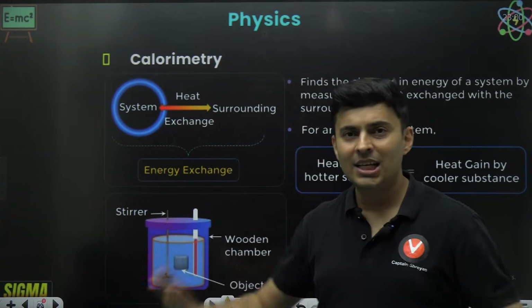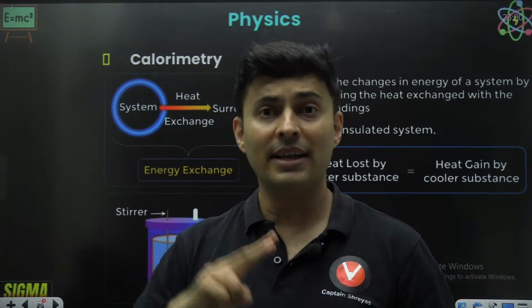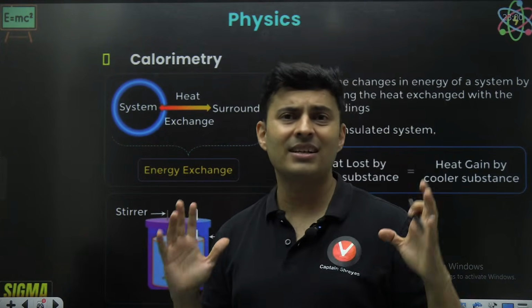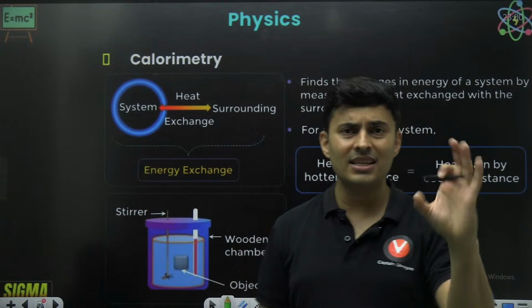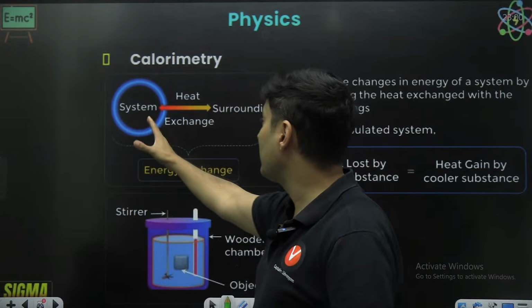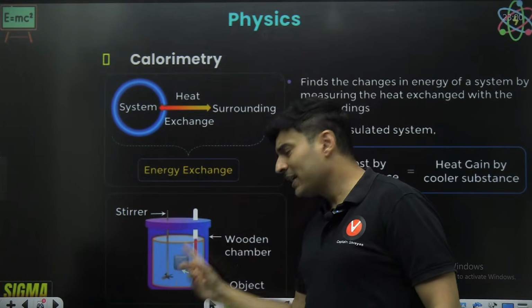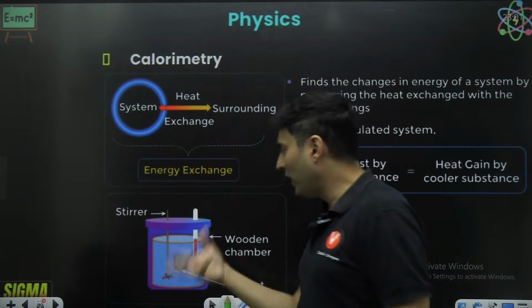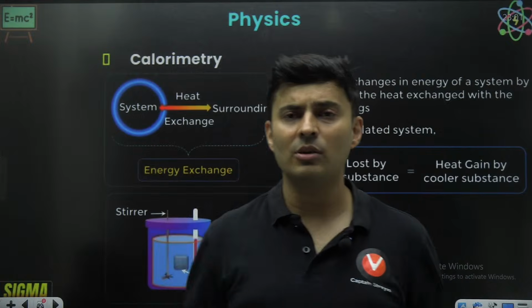A calorimeter is like a closed vessel which does not allow either mass or energy to go out or come in. So a calorimeter is basically a device which blocks the mass or energy exchange from the surroundings. It is completely isolated. So whatever happens, they have to settle it for themselves. One is hot, one is cold, they battle it out until they reach equilibrium.